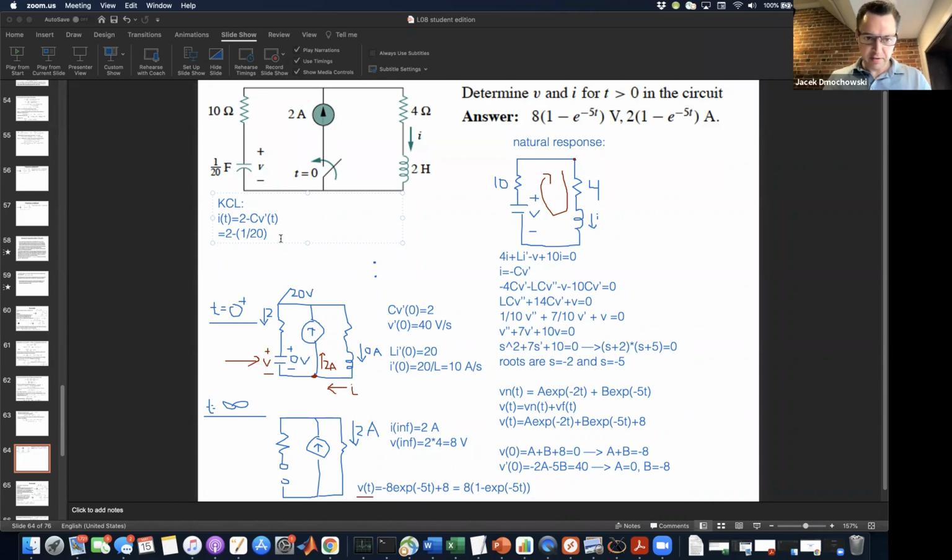And the derivative of this guy is equal to 40 exponential negative 5t, I believe.